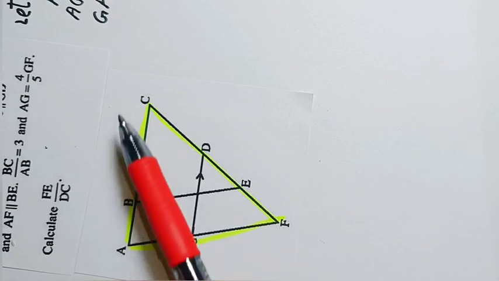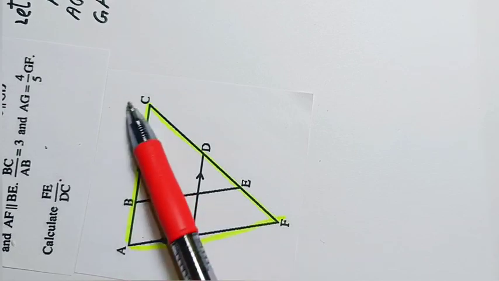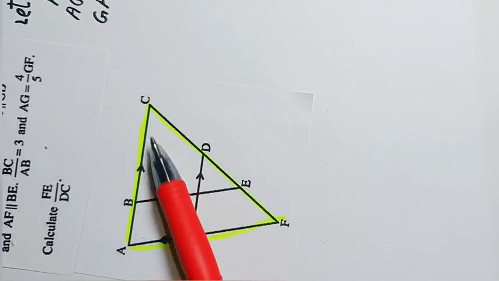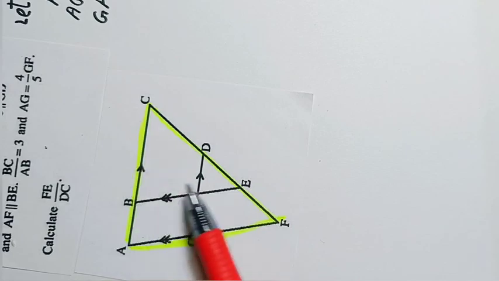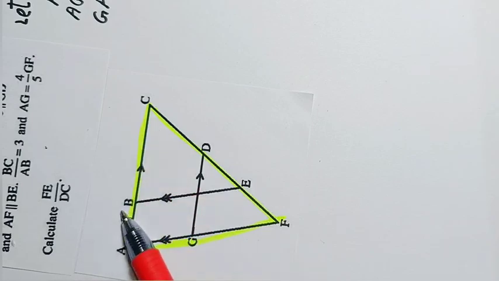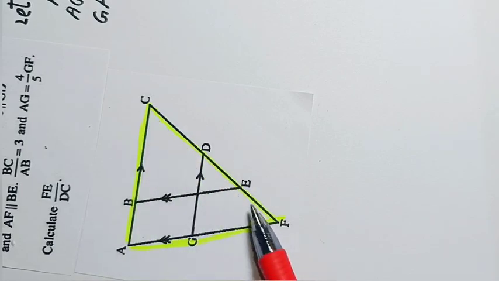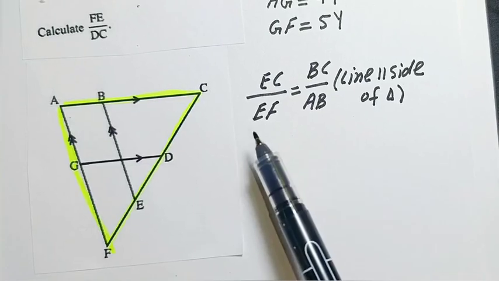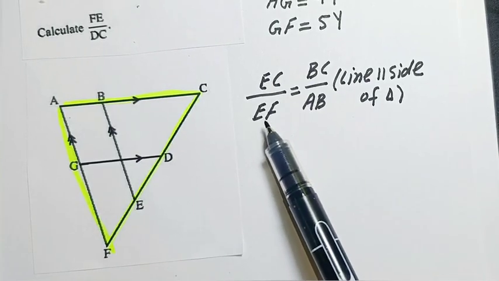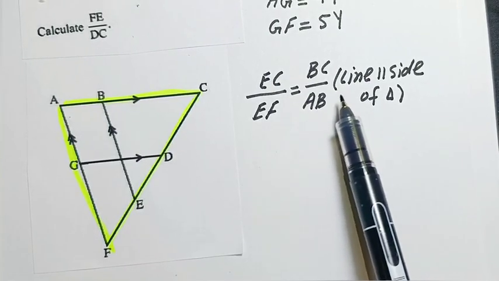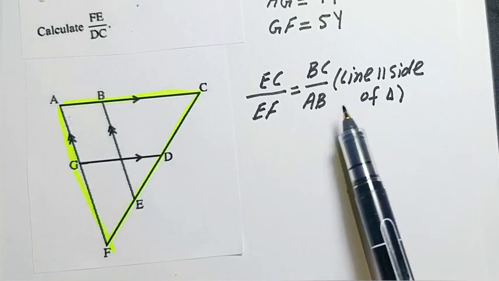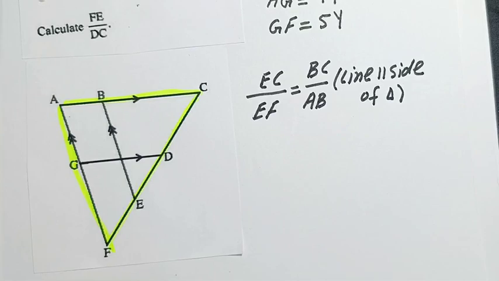BC goes with EC, over FE. So I write EC over EF, or FE, same thing, is equal to BC over AB, because the line is parallel to a side of the triangle, so I use the proportionality theorem.